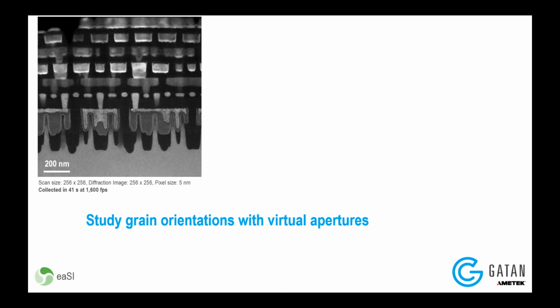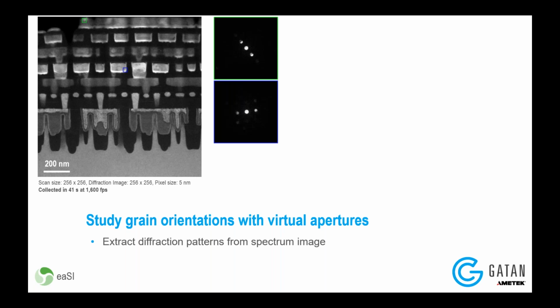The diffraction image, or the image off the sensor that we're using, is again 256 by 256. The camera is running at 1600 frames per second, and we can acquire this 256 by 256 scan area in as little as 41 seconds. That's really, really fast, especially for a scintillator camera, and I think it's a huge advantage for the ClearView camera over the OneView, for example, if you're familiar with that camera.